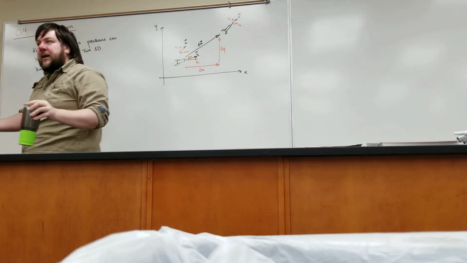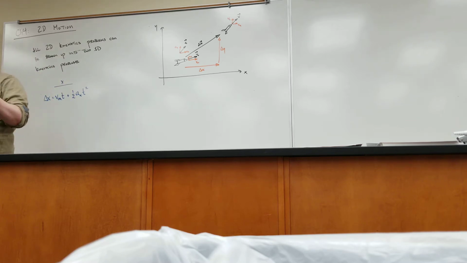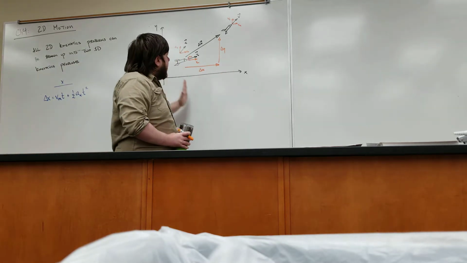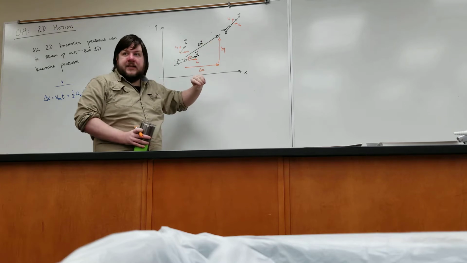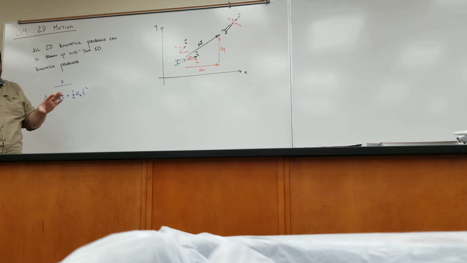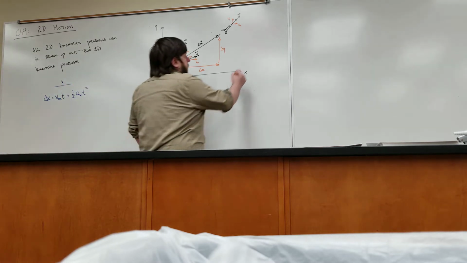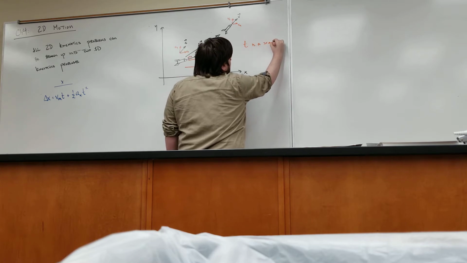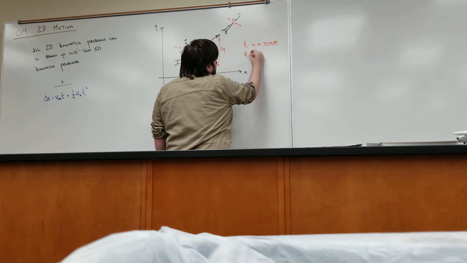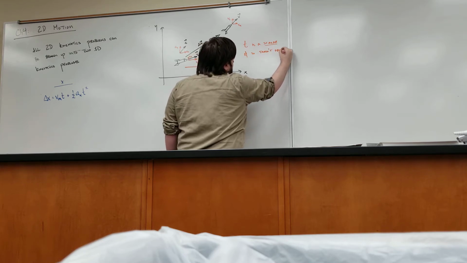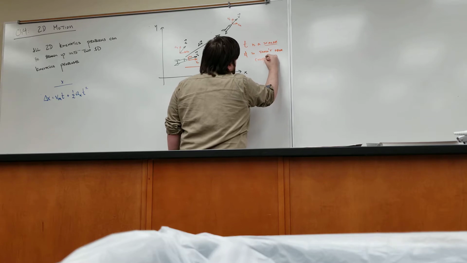Time isn't any different just because you split the motion up into components. If it's traveling horizontally for 10 seconds, then it's also traveling vertically for 10 seconds if you break its motion up into components. So time is the same for each component. Time is a scalar, and so doesn't have components.